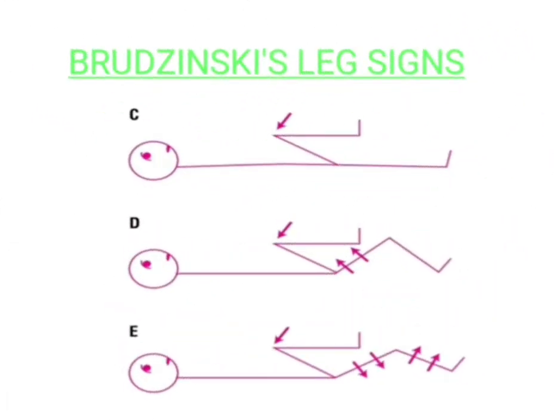Now coming to the Brudzinski's leg sign, in this you can see three figures, C, D and E. In figure C, the patient's leg is flexed by the examiner. You can see the arrow, which indicates the flexion of the leg. At the time of the flexion, the contralateral leg begins to flex.